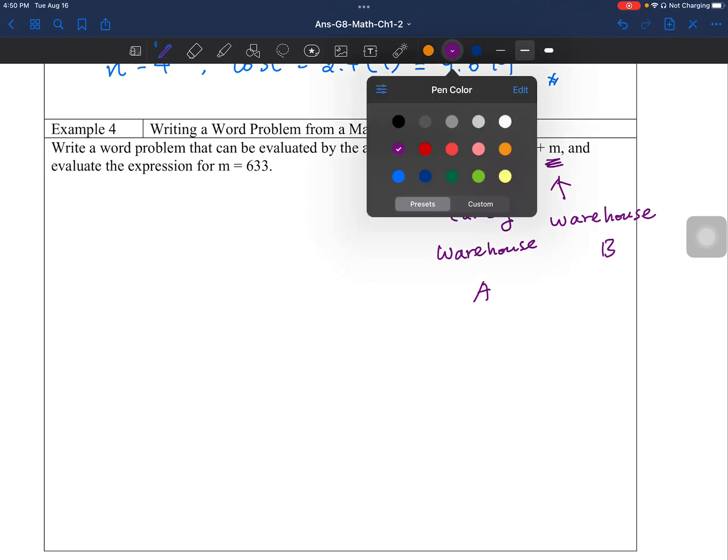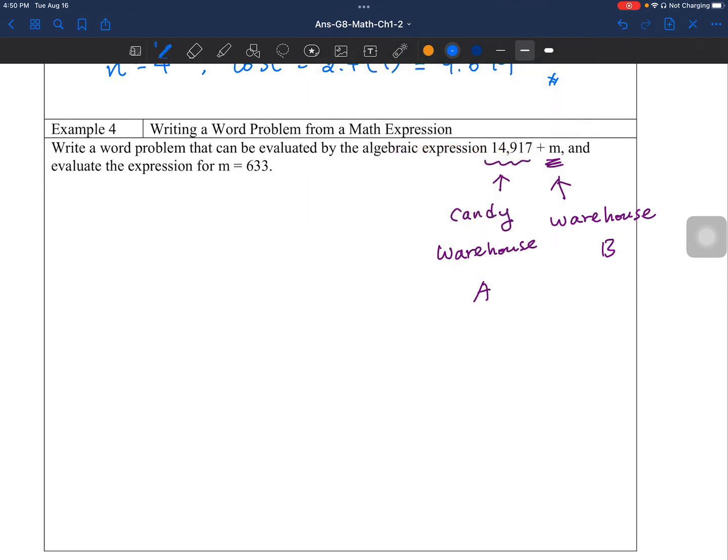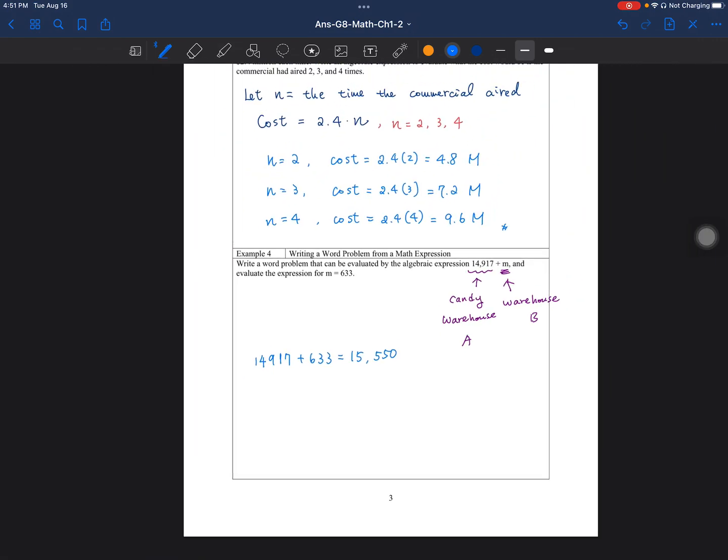Please feel free to use your own creativity to write your own question. And when we evaluate 14,917 plus 633, this equals 15,550. So it can be anything.